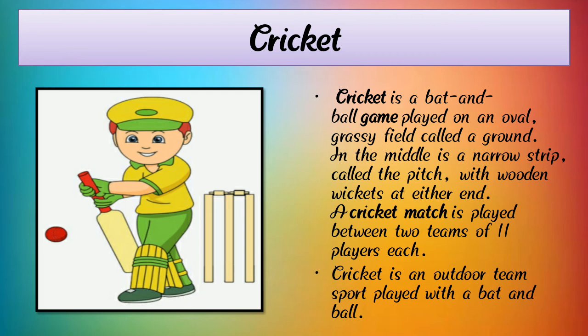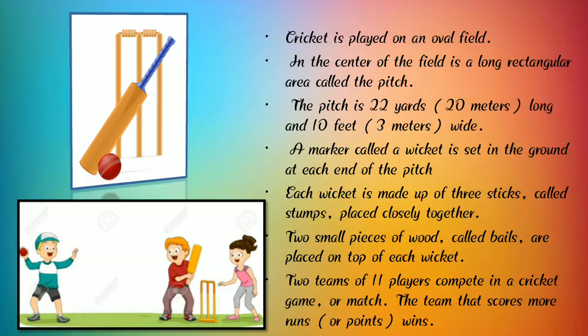We can play it on a ground, outside our house, so it is called an outdoor game, and it uses a bat and ball. Stumps are also used in the cricket game. So children, cricket is an outside game.